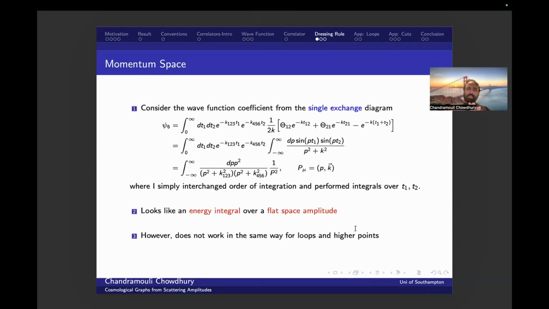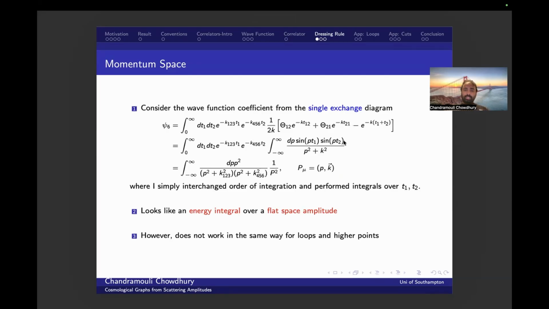To see that, we go into some version of momentum space or Fourier space, where we take the expression that we saw in the previous slide, where we had some product of bulk-to-boundary propagators and some bulk-to-bulk propagator. And we express the bulk-to-bulk propagator as an integral, which is almost the same as a Fourier transform, except that instead of exponentials, we have some sine functions, which basically tell us about this boundary condition here.